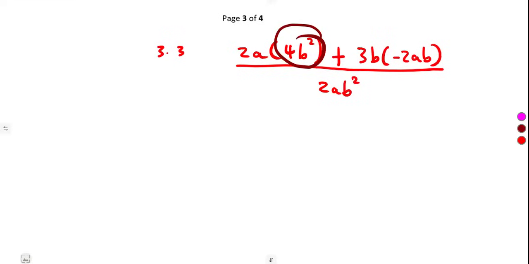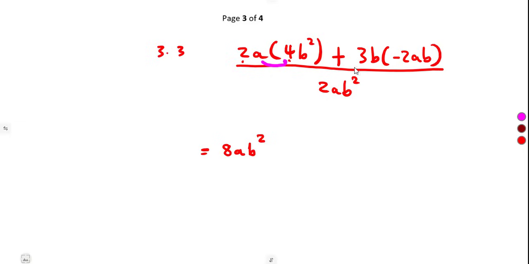There's a bracket here. So what can we do? Expand. So the 2a was going to multiply inside of the bracket. So we're going to multiply the number to the number. 2 times 4, which is 8. As we can see, a and b, these ones, we just write them as they are. They are not affected. So a as it is, b squared as it is.